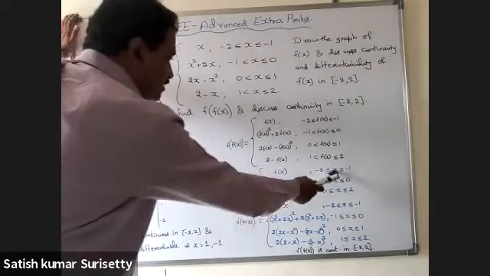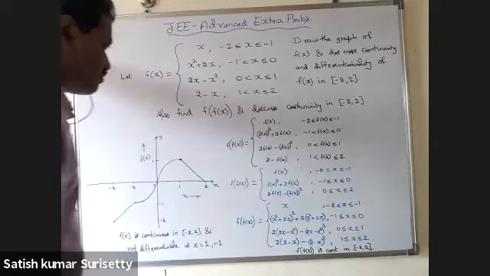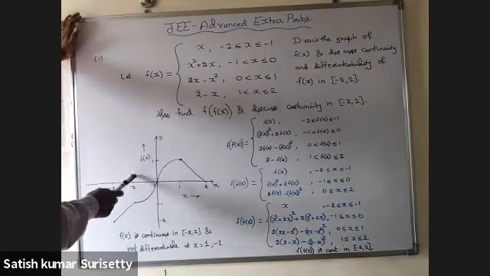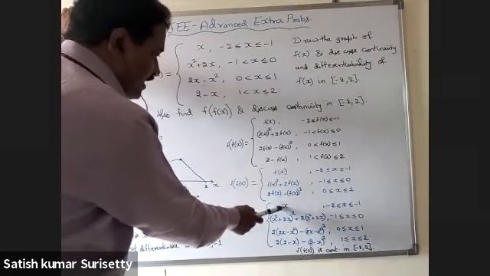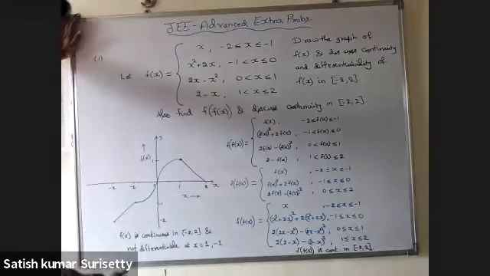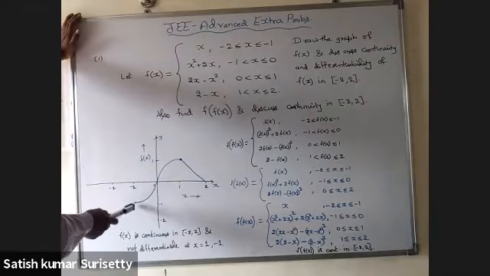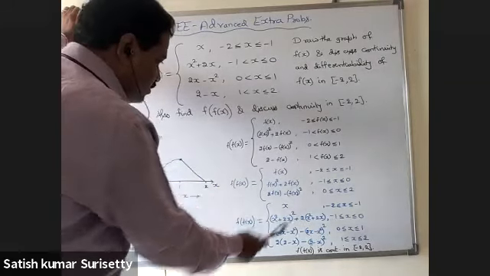Now, when x lies between -2 to -1, observe the graph. What does f(x) correspond to? So for -2 to -1, f(x) corresponds to x. So replace f(x) with x. Next, second part, for -1 to 0, f(x) is a quadratic, which is x² + 2x. Then we replace f(x) with x² + 2x.